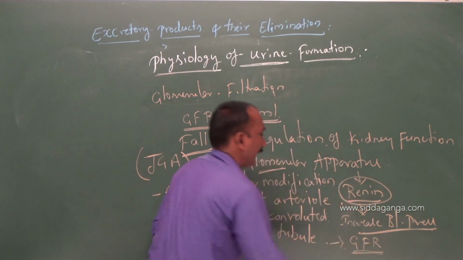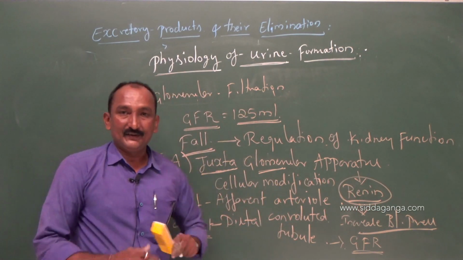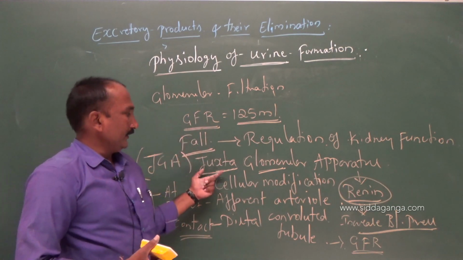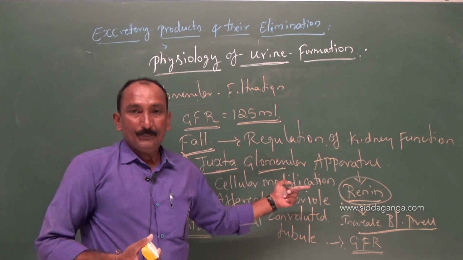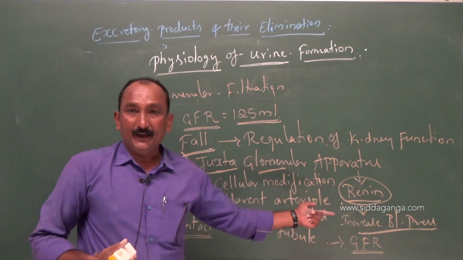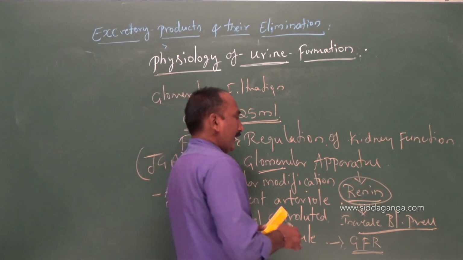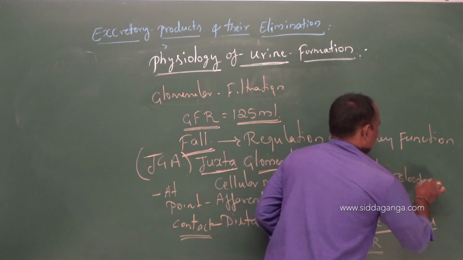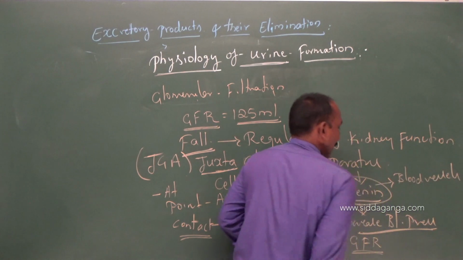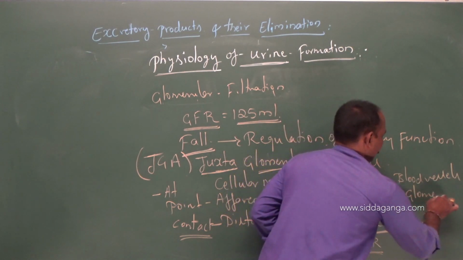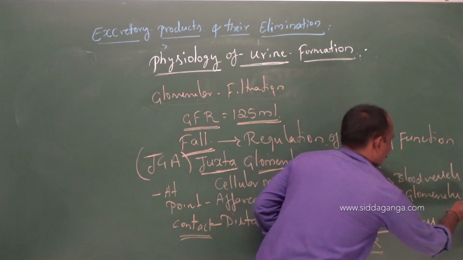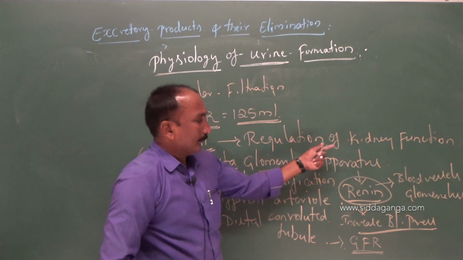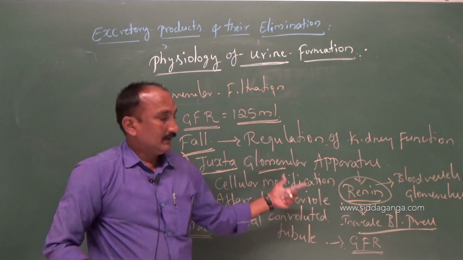How can it increase the blood pressure? The question may arise, of course. So when the GFR falls, the juxtaglomerular apparatus immediately secretes the hormone renin, and such renin acts on the blood vessels of the glomerulus.